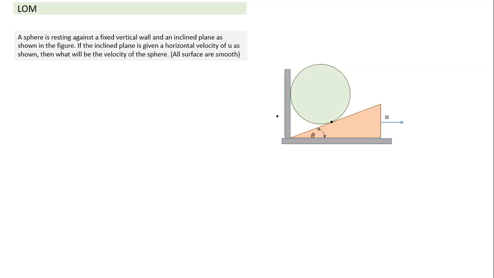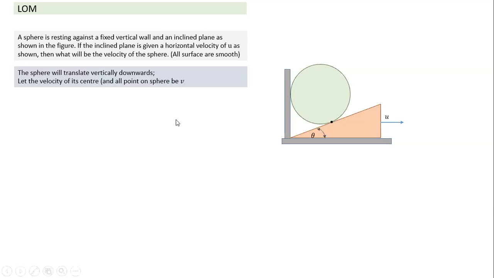So how do you find this condition here? How do we go about it? The first thing we need to understand, we can easily visualize here. This sphere will always be in touch with the vertical wall. If I look at its center, its x coordinate will remain constant.